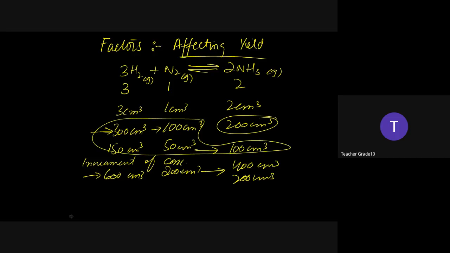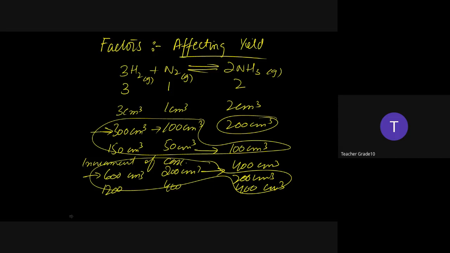But right now, if we double the concentration, our product will be double. You can see over here. So the simplest way to increase the productivity is to increase the reactant. If we double it again, for example 1200 and 400, it definitely becomes 400 cm³. So the easiest way to increase your product is to increase the concentration of reactant.